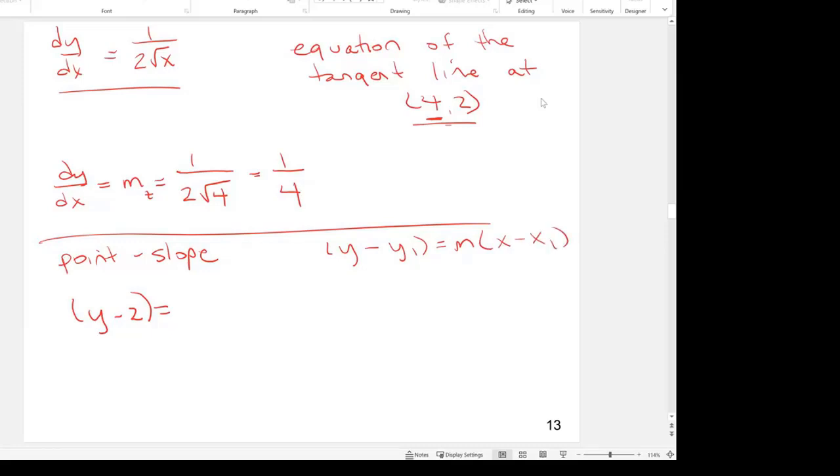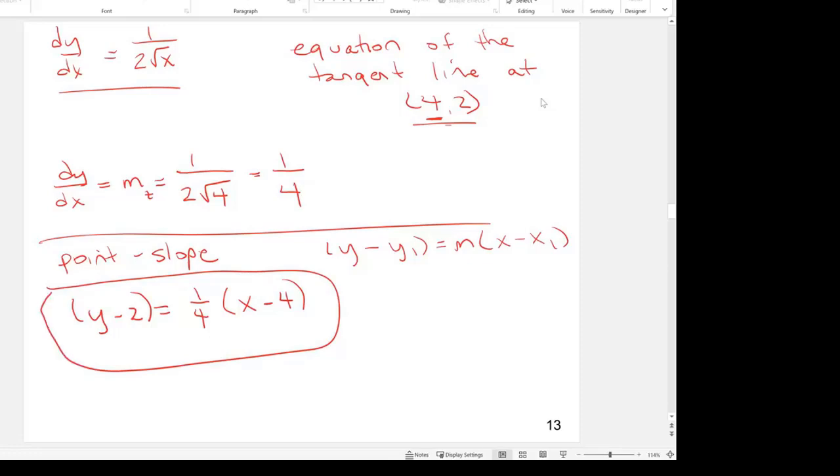So we get y minus 2 equals m, and I only have one point. My slope is 1/4, times x minus 4, because that's my x. And that would be the solution for B.